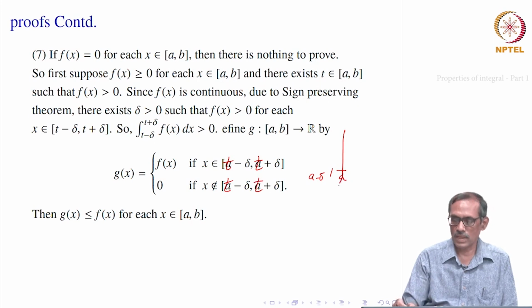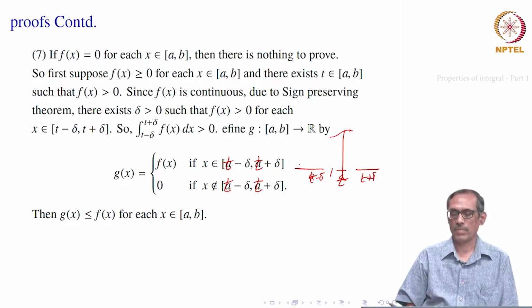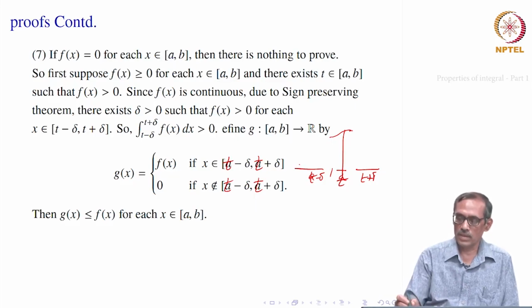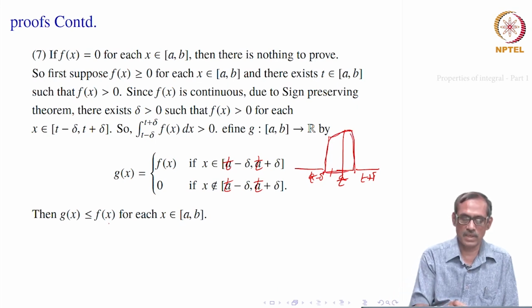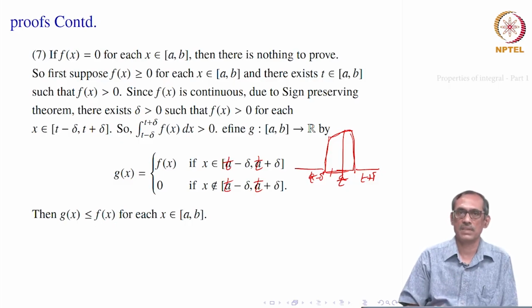So, you have some point t here, and in that t minus delta to t plus delta, you take g as f does, and then everywhere else it is 0. Okay. That is how the function looks. So, the area under this will be really this area only, and that is always less than or equal to the integral of f of x, and that is already bigger than 0. So, the integral of f of x is bigger than 0.